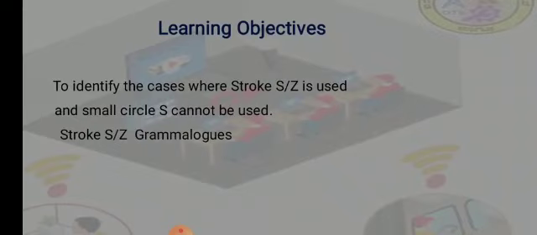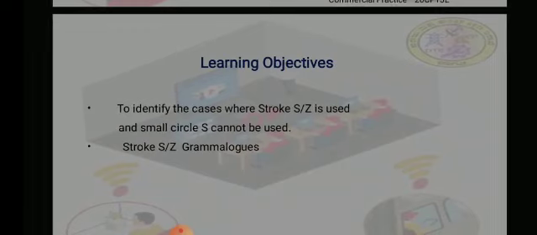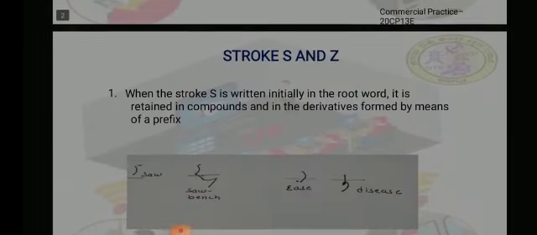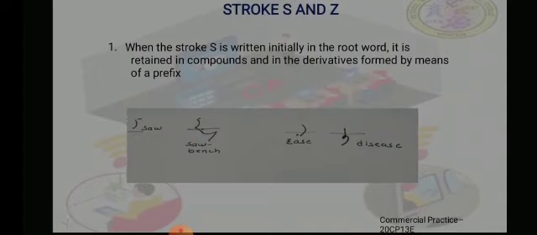This is the continuation. We have certain other rules to follow in this particular topic. So we are going to see what are those rules and what are the grammalogues based on this particular topic.